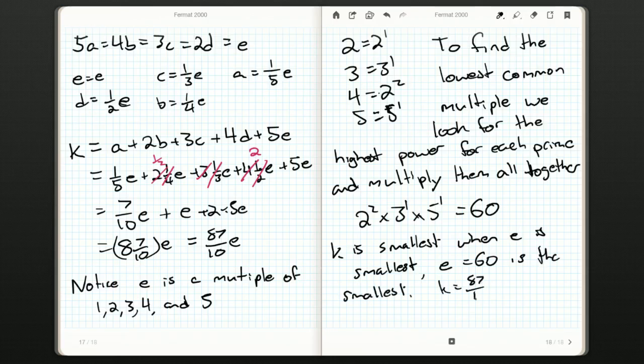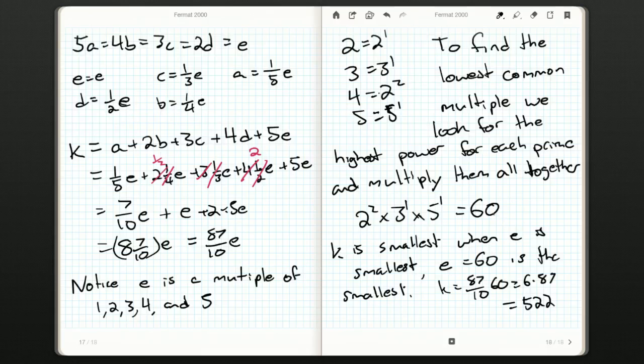So K is 87 over 10 times 60, which is just going to be 6 times 87, and that is 522. And for those of you who doubt it, A is going to be 1/5 of E, so that's 12. B is going to be 15, C is going to be a third, which is 20, and D is going to be 30. But that's neither here nor there. We're just verifying that they are in fact integers as we wanted.